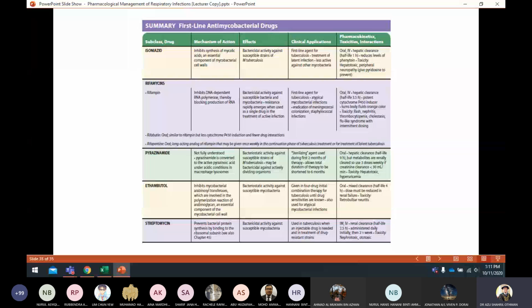Nevertheless, if you answer according to what you have learned in microbiology, or according to what you read in the textbooks, it's not a problem. Just so you know.